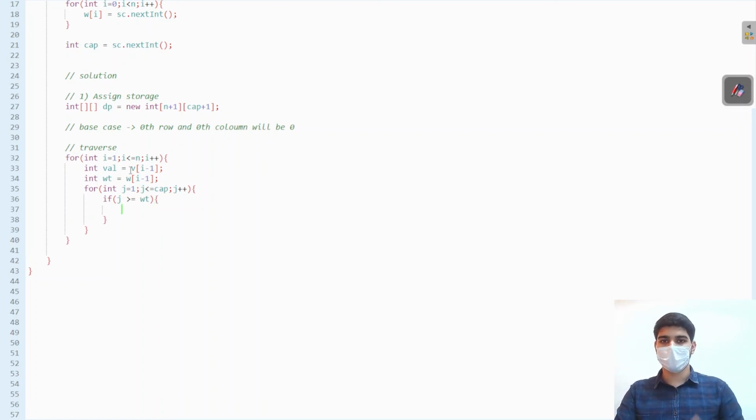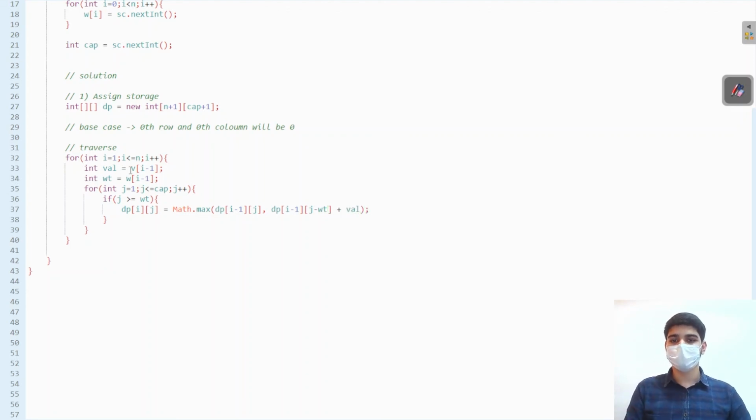That means dp of i j would be math.max of dp of i minus 1 j, and dp of i minus 1 j minus weight, plus my value. So if you see over here, this part is my exclusion and this part is my inclusion. This is the formula that we wrote for inclusion.